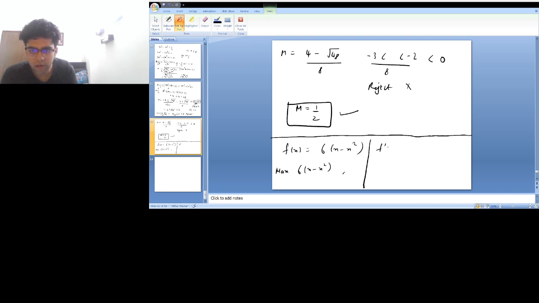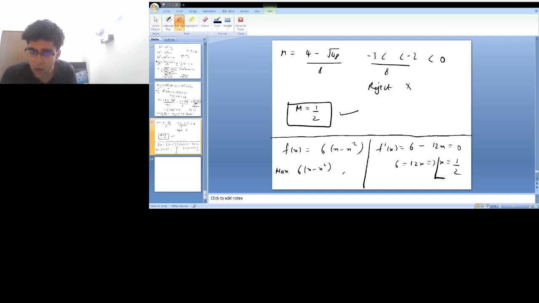So we just find the first derivative for the stationary point. This gives us 6 minus 12x, right? The derivative of x is 1, and the derivative of x square is 2x, so 6 minus 12x, putting this as 0. So this gives me 6 is equal to 12x, which implies that x is equal to half.